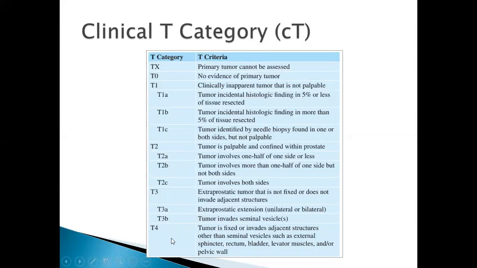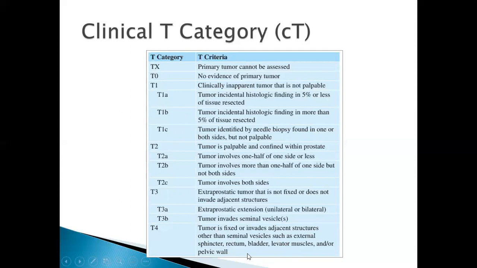So then we have T4, and this is where the tumor is fixed, okay, or invades adjacent structures other than the seminal vesicles, external sphincter, rectum, bladder, the levator muscles, and or pelvic wall. Okay, so to assign a T4, it would be fixed or invades other than the ones listed here.